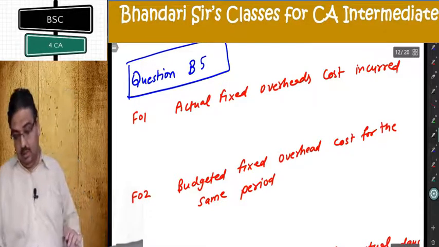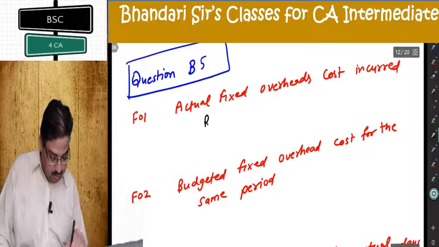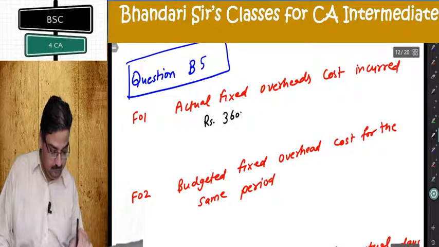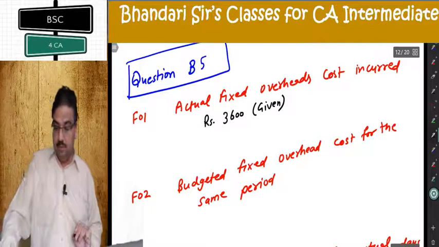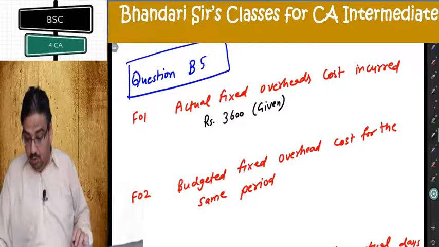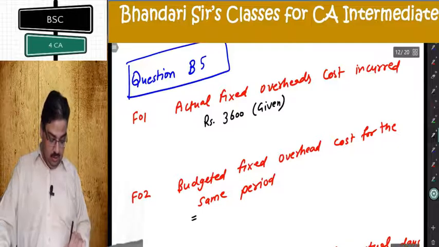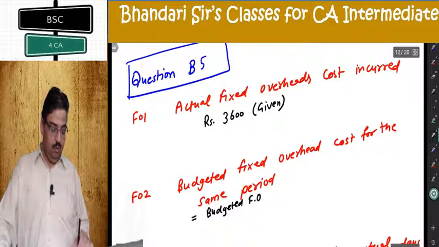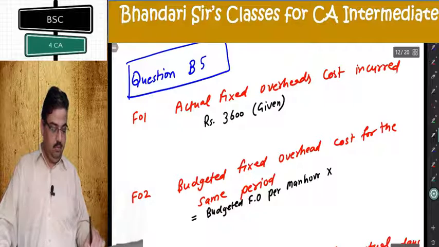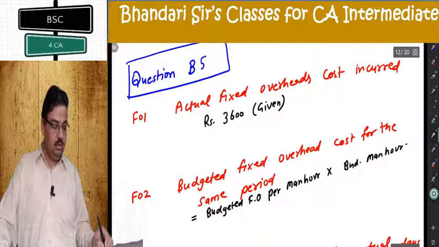Let's focus there. I find out the actual fixed overhead given in the question, rupees 3600. Actual fixed overhead 3600 given. Then I want to find budgeted. Again, budgeted per man hour is given, equal to budgeted fixed overhead per man hour multiplied by budgeted man hours.